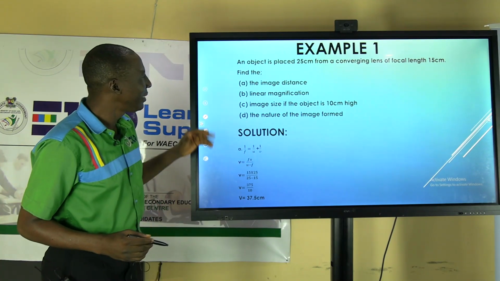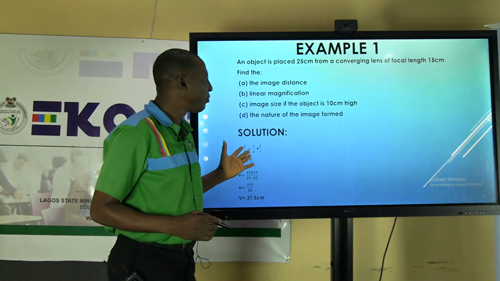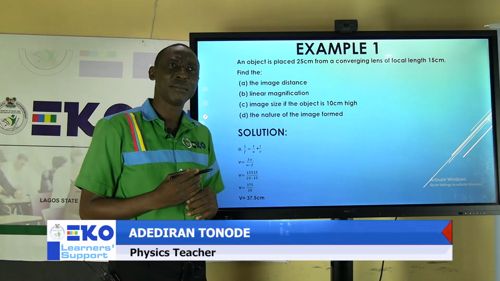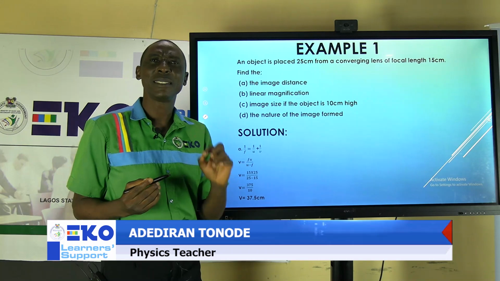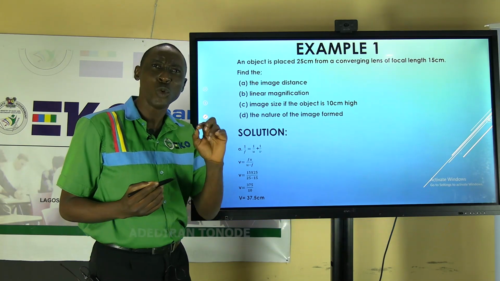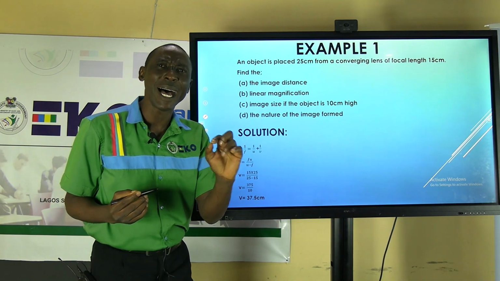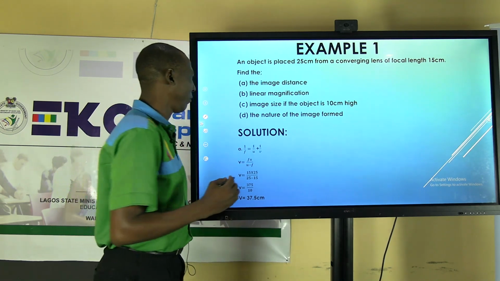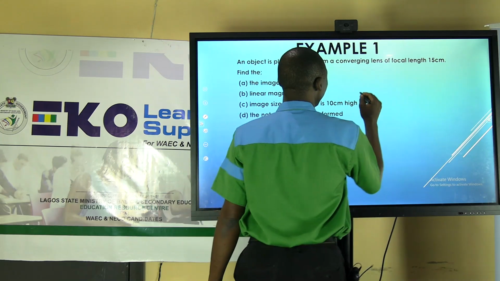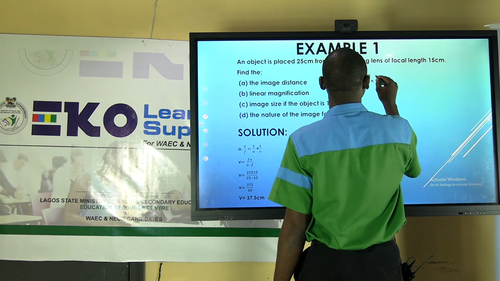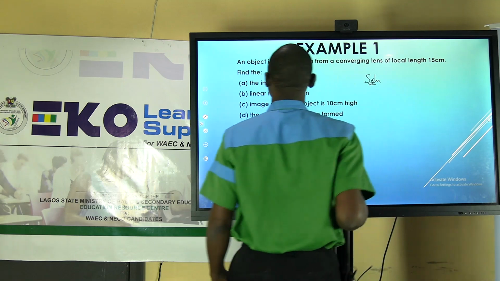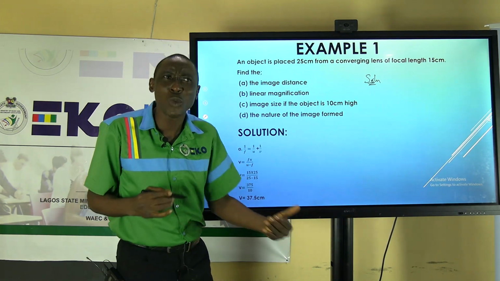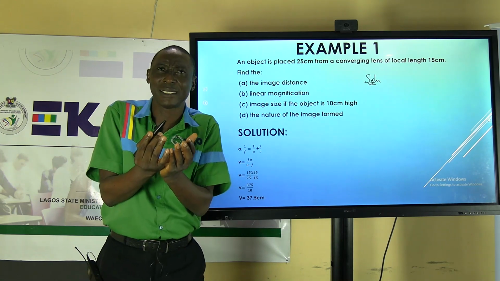For the image distance, please learn to write the given data so that you'll be able to know what is required of you. For example, I'll call it solution. An object is placed from a converging lens, so we are talking of a converging lens.